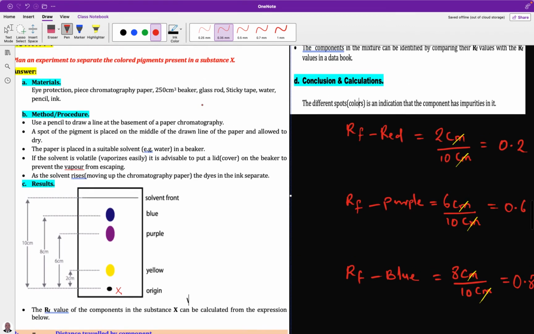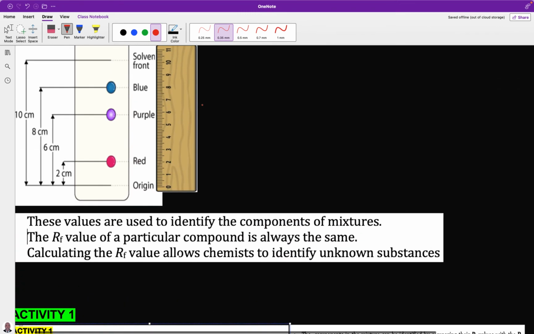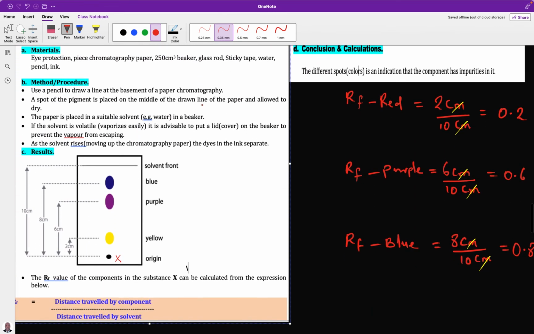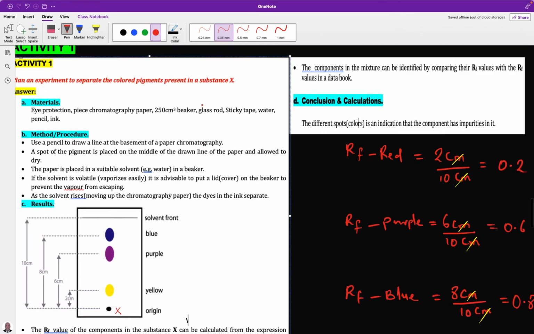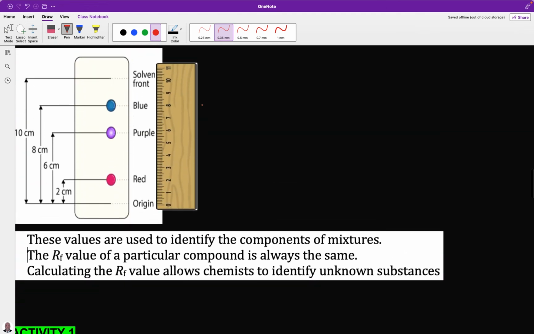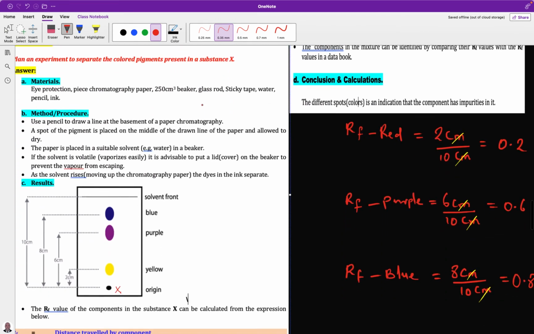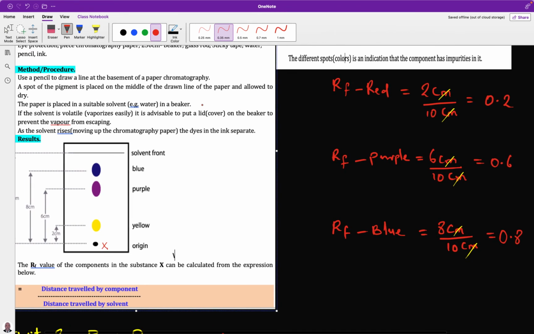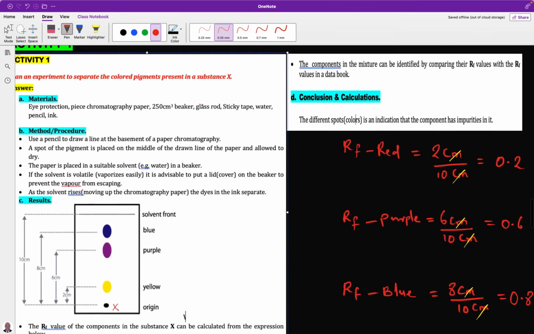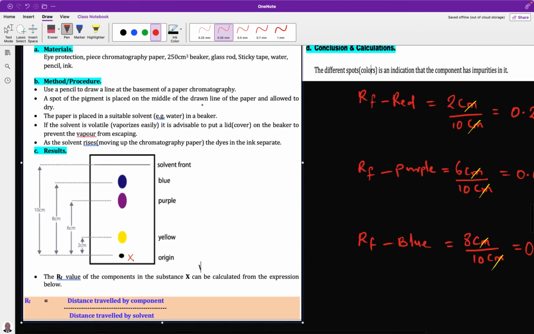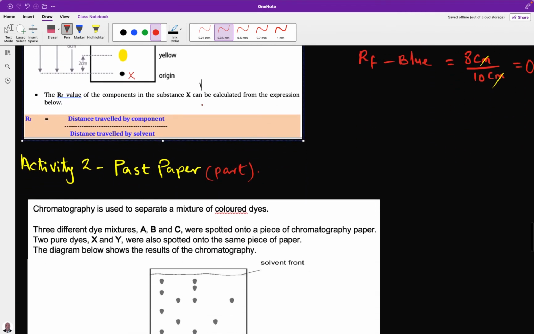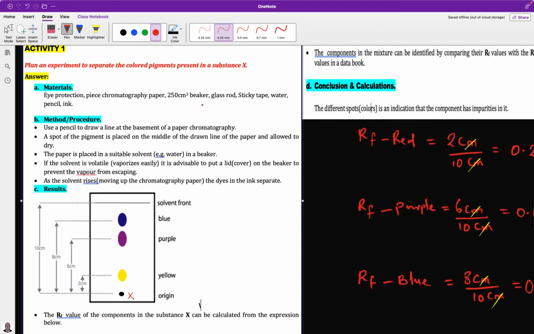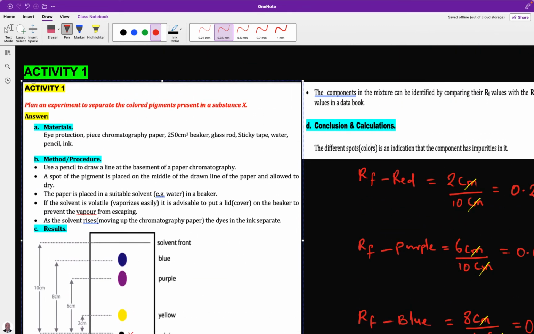The second one was purple, and the RF value is 0.6. The third one was blue. It traveled 8 centimeters, and 8 centimeters divided by 10 centimeters, the RF value was 0.8. Then the next step was we now go to our book of data.